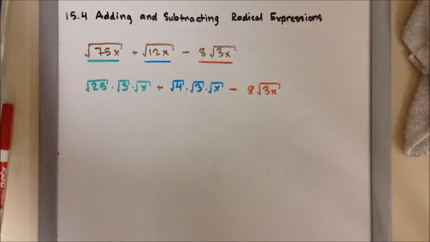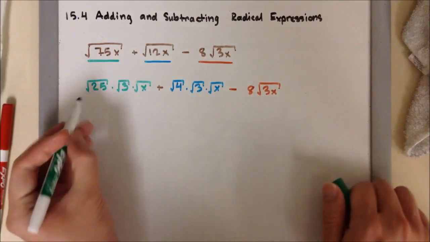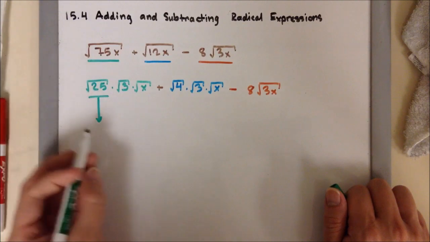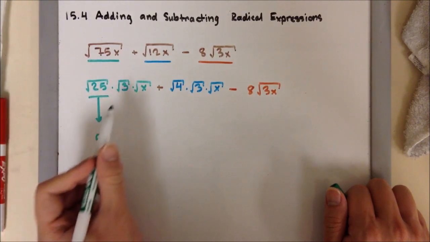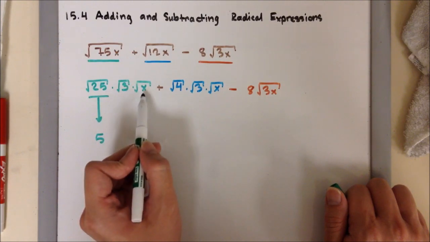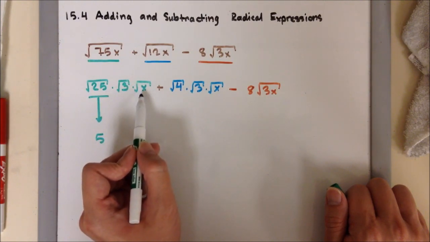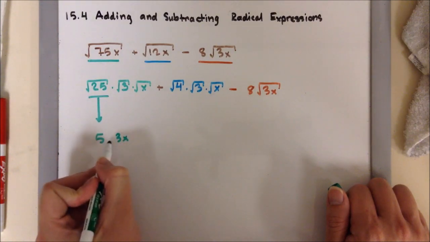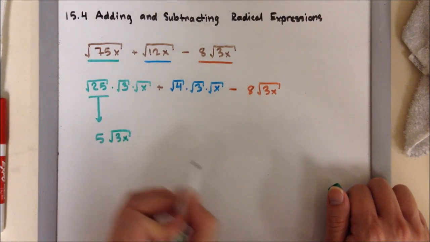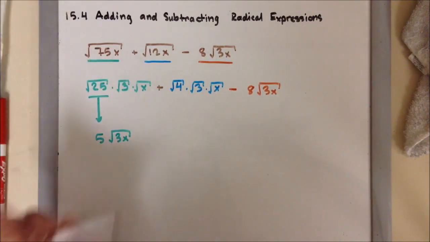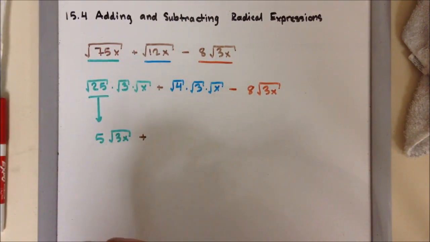Alright, so let's simplify each radical expression. In the first part, you can do the square root of 25, which is just 5. You cannot simplify nor do the square root of 3, and the same thing here, I can't do the square root nor simplify. So I'm just going to have square root of 3x together next to the 5. Add my plus sign.